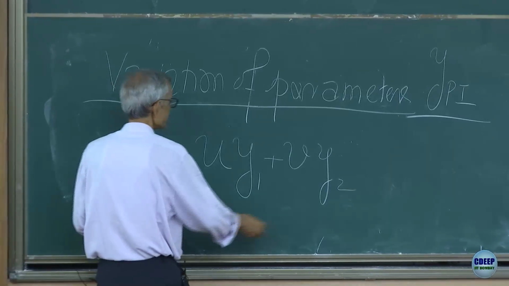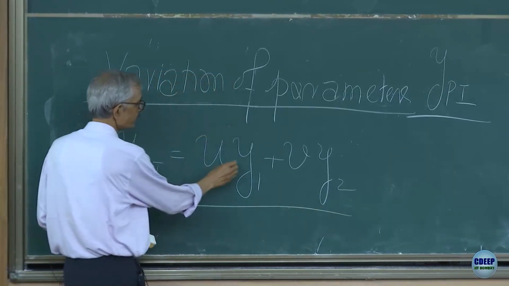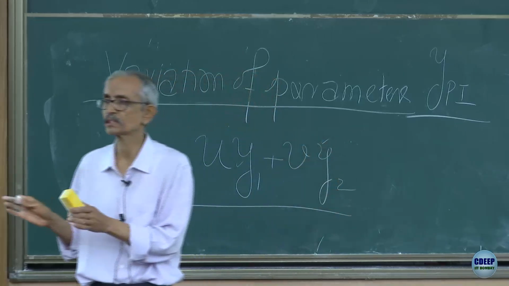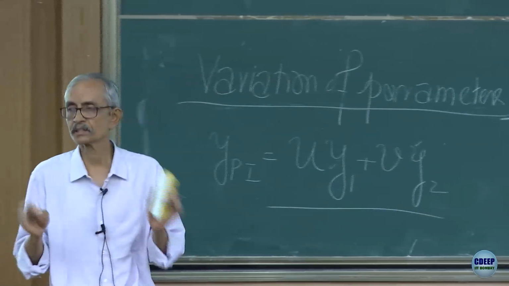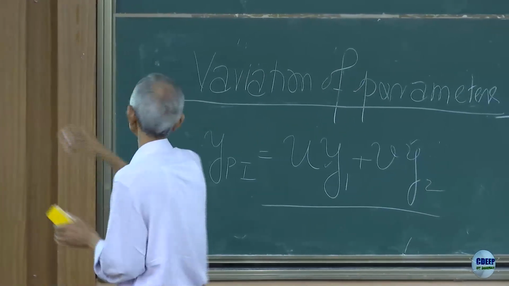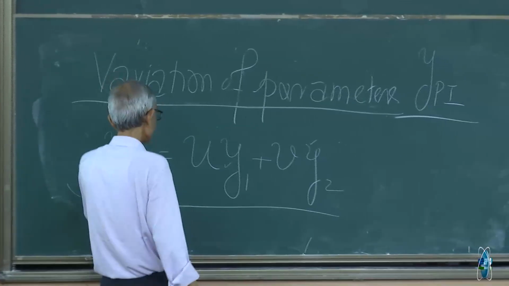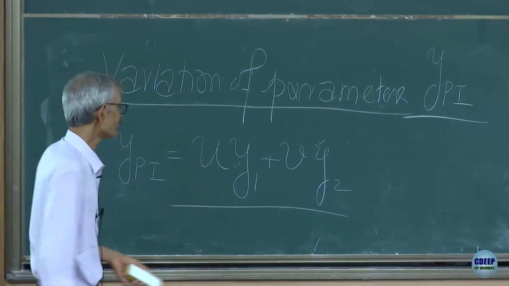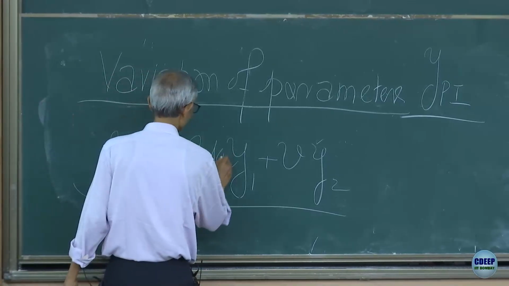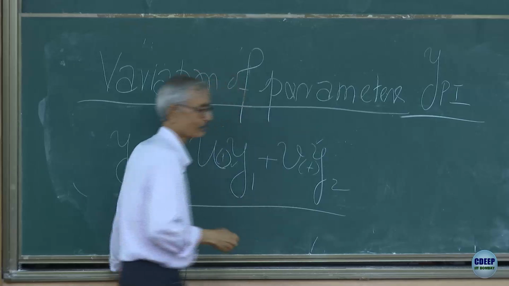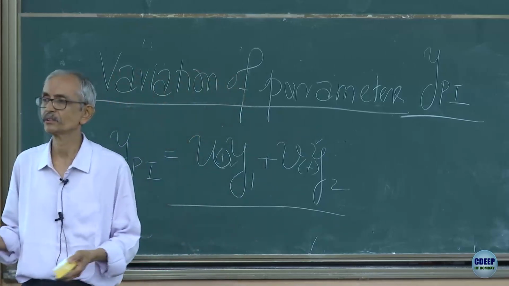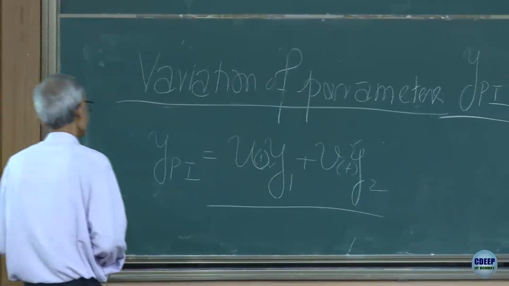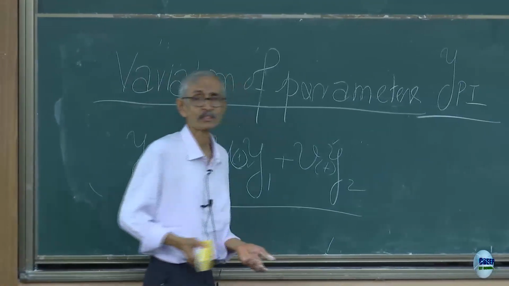If y1 and y2 are solutions to the homogeneous equation, then the particular integral is going to be this term plus this term, and you need to figure out what this u and v are. It's not straightforward to do just by inspection. You need to do a little more work to get what these are. Now what's that work?